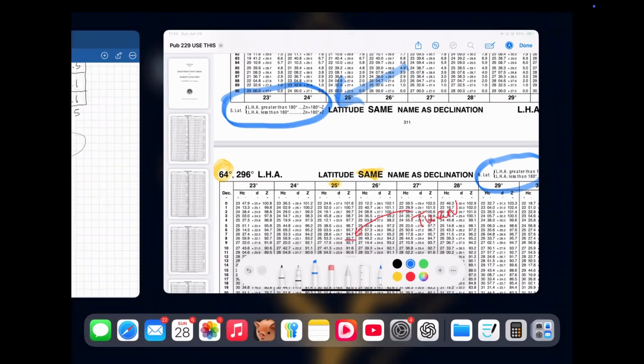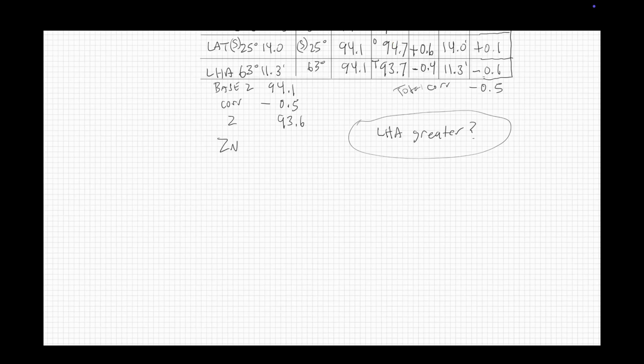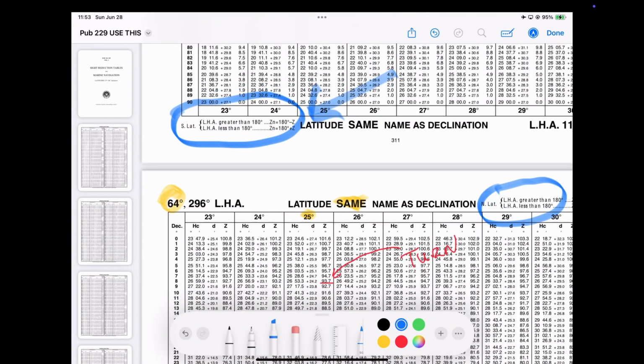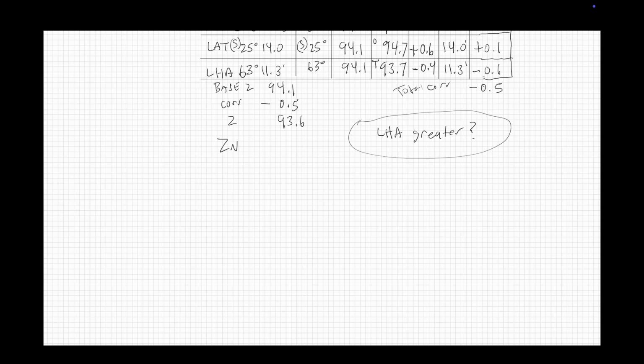All right, so what is our LHA? 63 degrees. Okay, so that puts us in the less than 180 degrees category. Our Zn will equal 180 degrees plus our Z. So we're going to take our Z here and add 180 degrees.